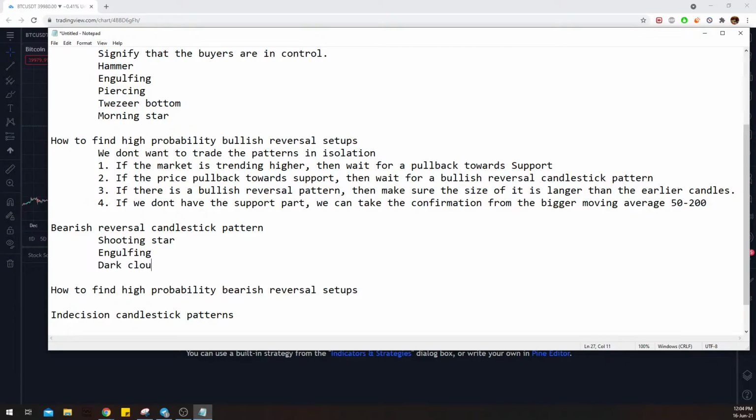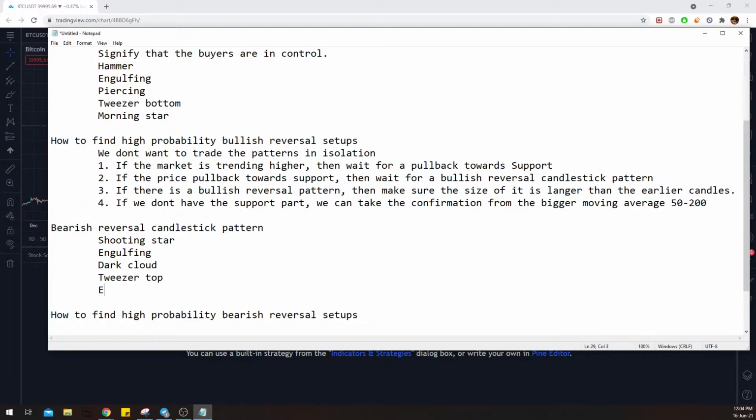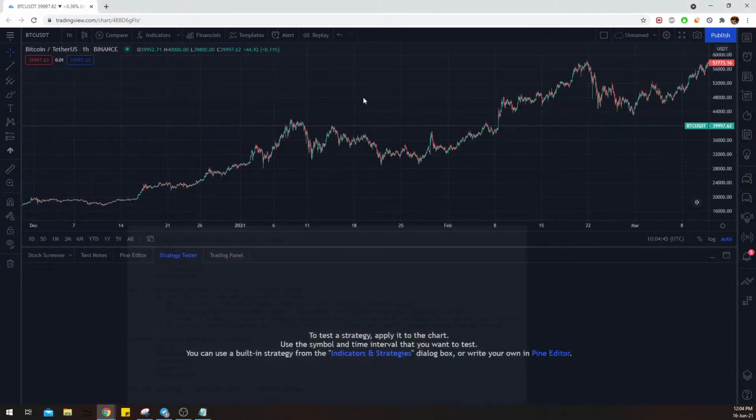The dark cloud, what are these names? The tweezer top. Yeah, here as well. I mistook. So the tweezer top, and the last one is going to be the evening star. Of course, they are going to be the reverse of what I told you initially. So let's go into it.